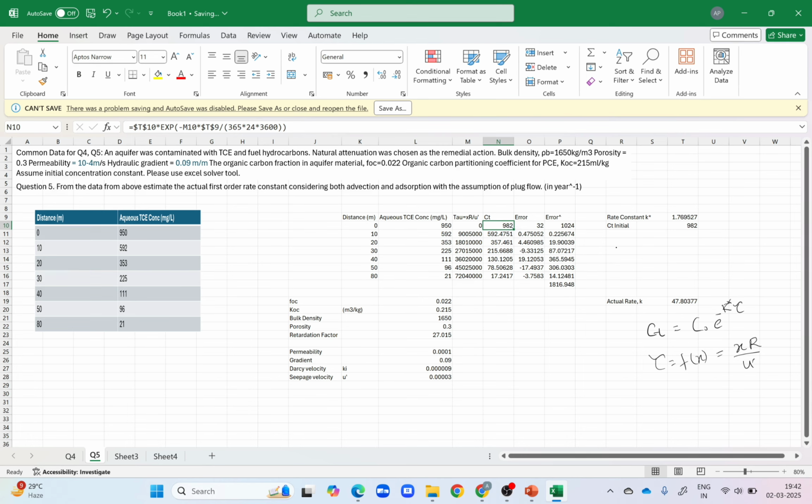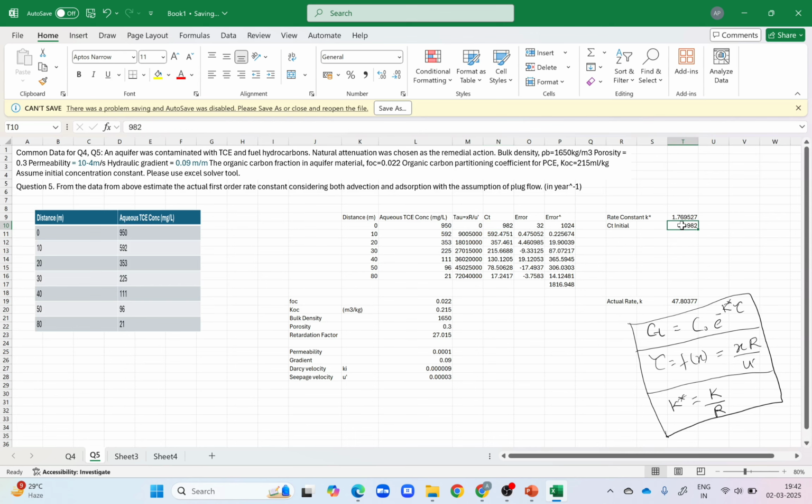So first we'll find out k star, and k star is k divided by the retardation factor.